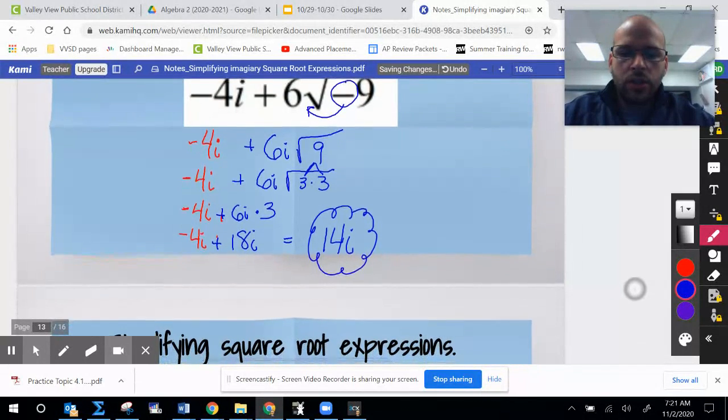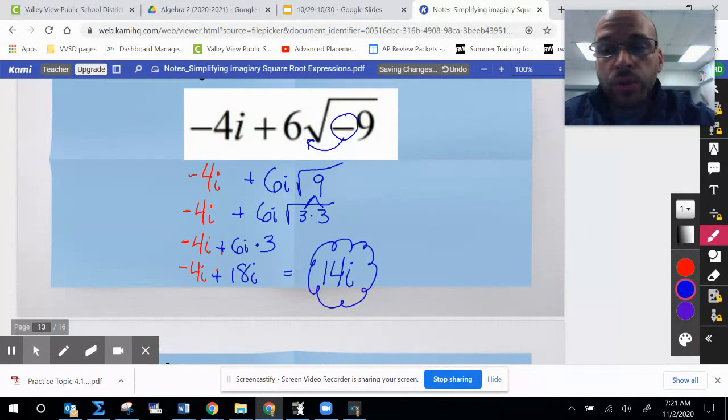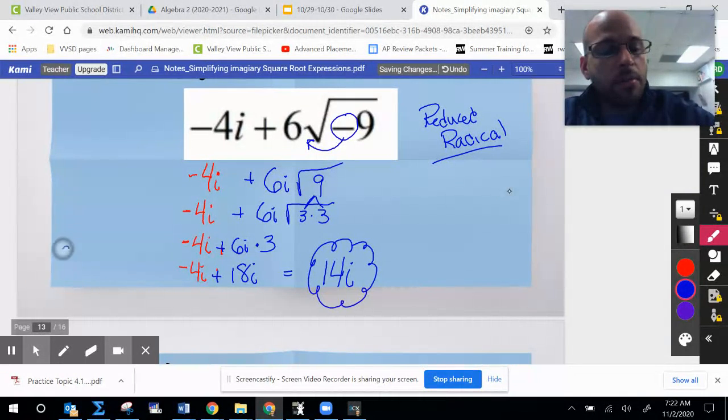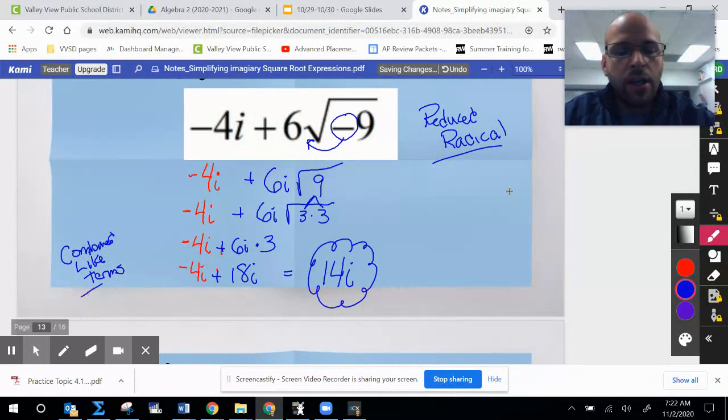Okay. So all I did is, I used our idea, we reduced the radical first, right? And then after I reduced the radical, then I just combined like terms. That's it. Okay. So I just reduced the radical and then I had two terms.